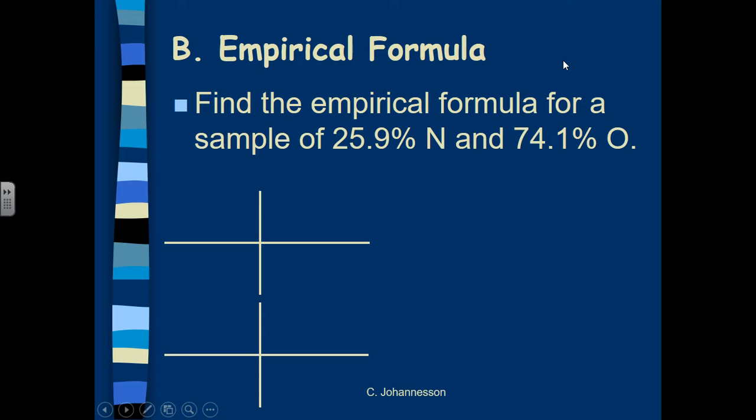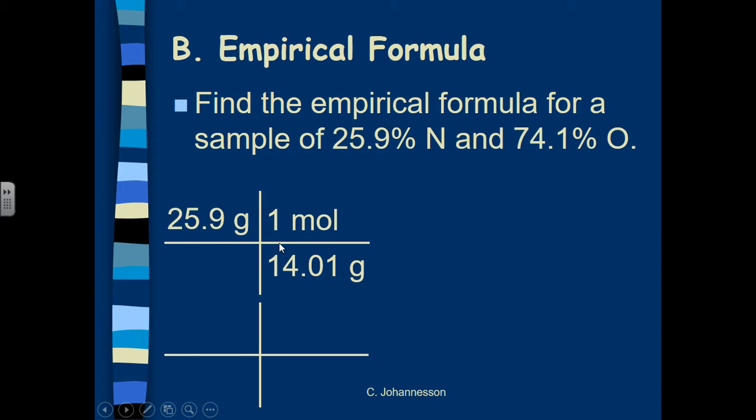What we're going to do is here are our 2 elements. We've got nitrogen and oxygen. These percents are going to be the mass that we start with. So for instance, we'll work nitrogen in this first box. 25.9% is the mass, so I change it to G, grams, that we start with. Okay.